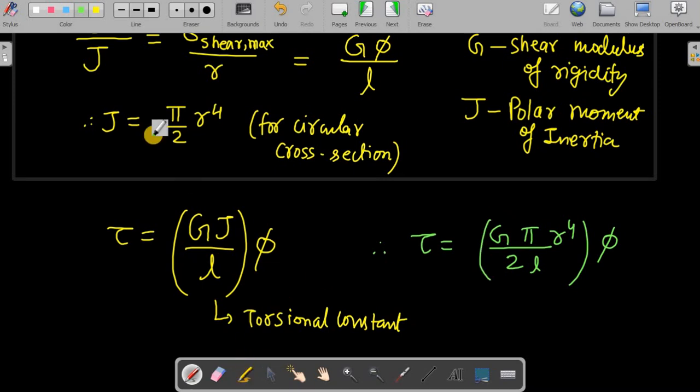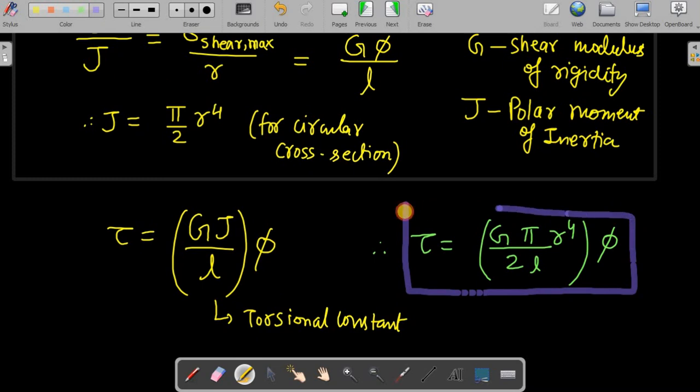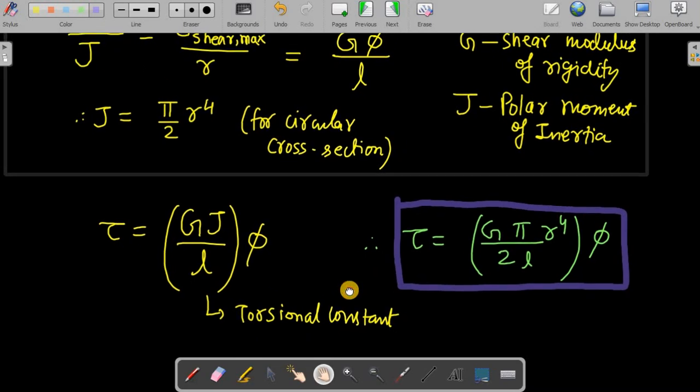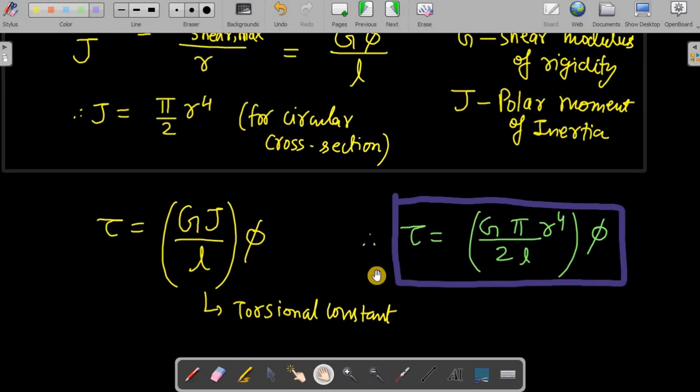So you will be able to calculate the torque within the elastic limits, just like there is Hooke's law. In the same way, this torque is proportional to the angle of twist, and this factor is called the torsional constant.